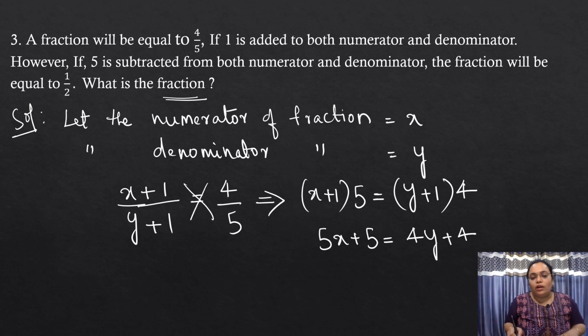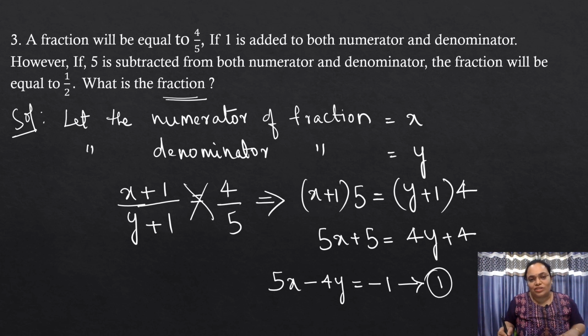So get all x and y terms to one side and constant terms to the other side. So 5x minus 4y equals minus 1. So this will be equation 1.